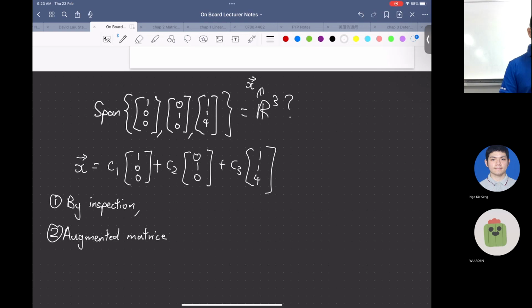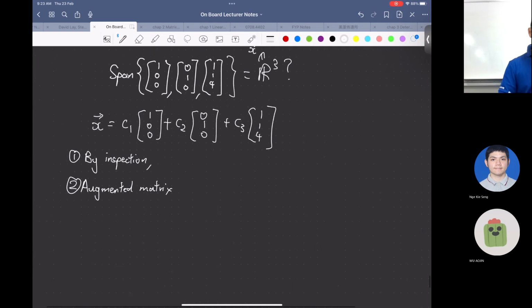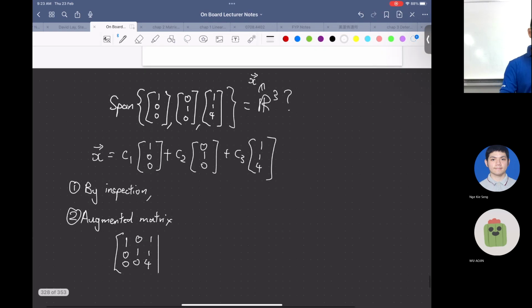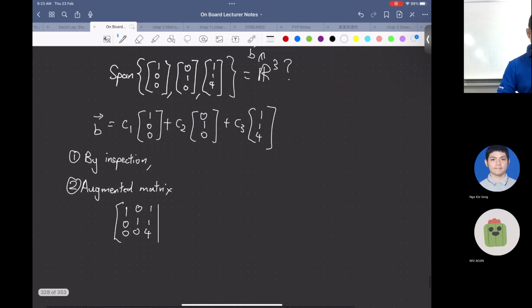So you set up your augmented matrix (1, 0, 0), (0, 1, 0), (1, 1, 4), and then you want to find the solution. Maybe we change to b so that it relates more to the matrix equation. So let's call it b1, b2, b3.